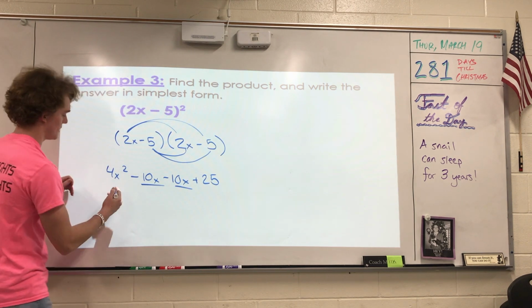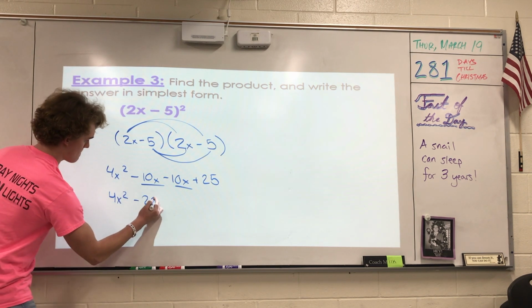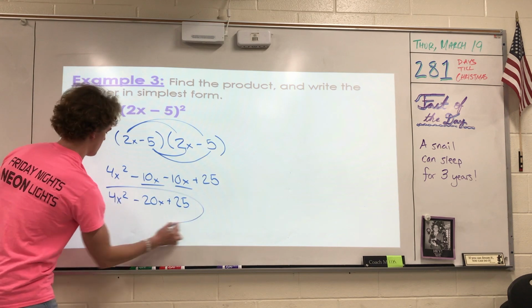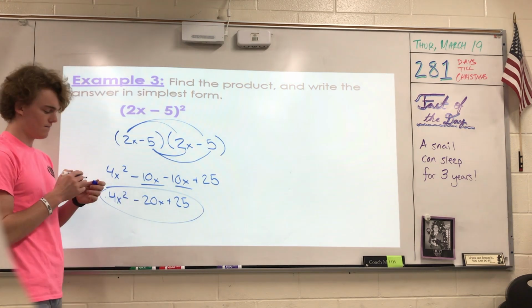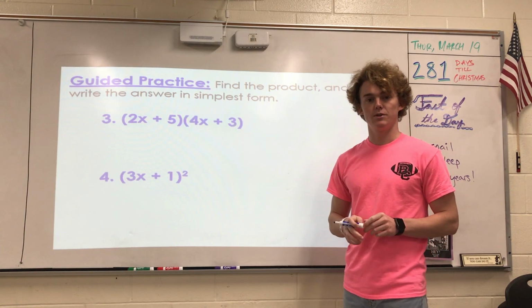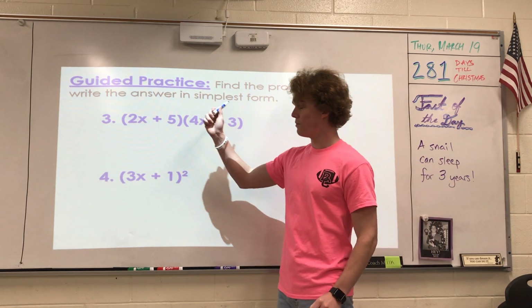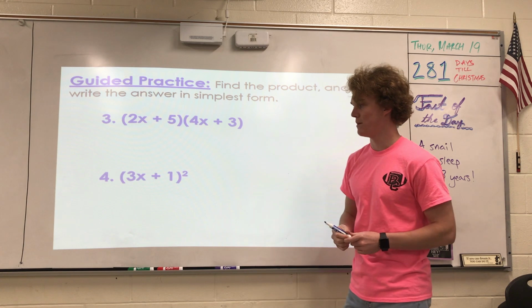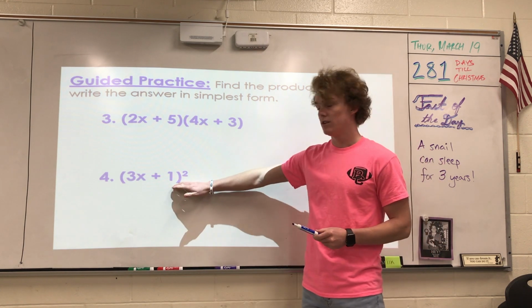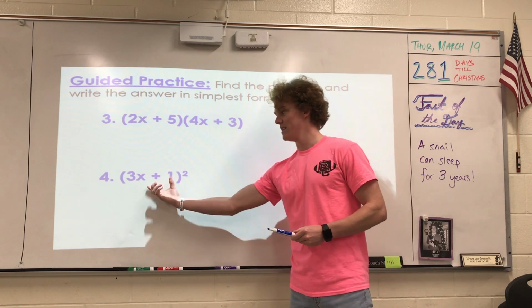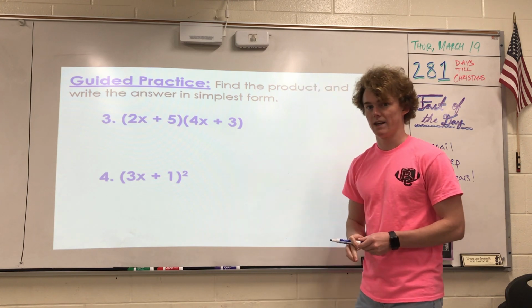Then I'll combine my like terms. That's it. Alright, here's another opportunity for you to practice what we just talked about. Go ahead and do the normal FOIL method on this first one, number 3. On the second one, do what we just did. So multiply this by itself. And I'll put the answers right now.